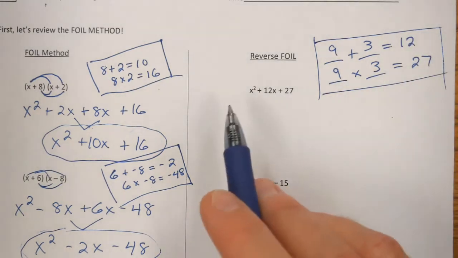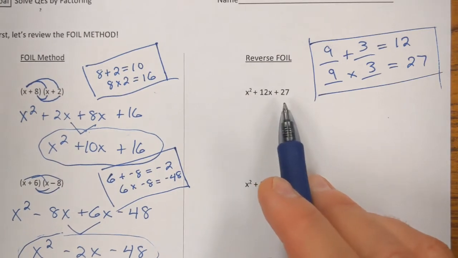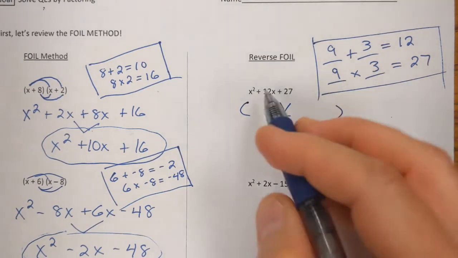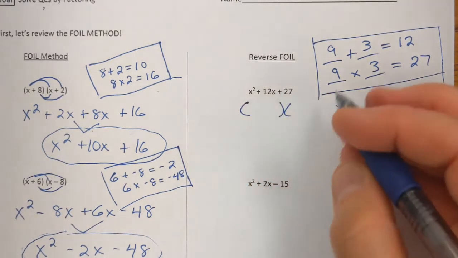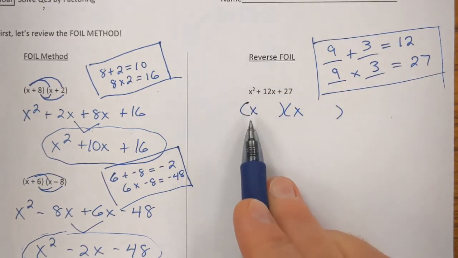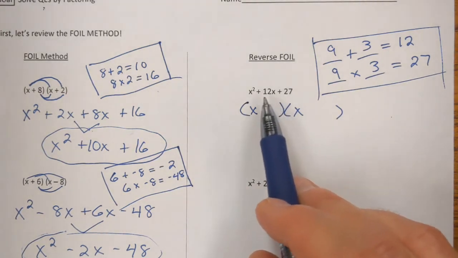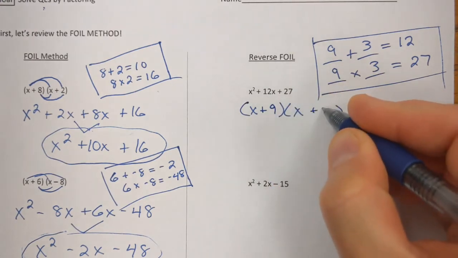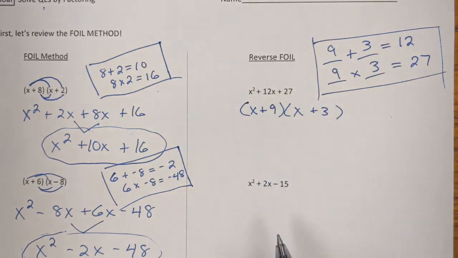And so with this in mind, me being able to solve this little puzzle here, I have found a way to reverse FOIL this trinomial. I can now write this x squared plus 12x plus 27 as follows: you take your x squared and break it into an x here and an x here. This 12x is going to be generated, so I'm going to put a plus 9 and a plus 3, because I know that 9x plus 3x will give me the 12x.